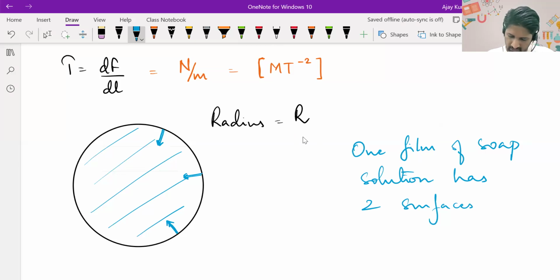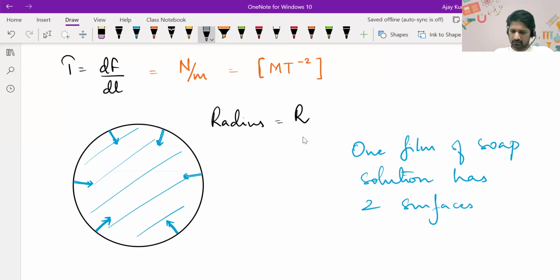Two forces acting. Now the ring obviously has circular symmetry. So the net force due to surface tension on the ring will be zero. For every element that experiences force due to surface tension, there is another element on the opposite side which experiences an equal and opposite force. So the net force on this ring due to surface tension is zero.